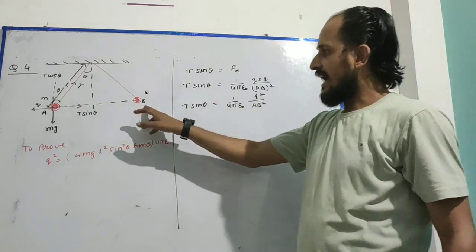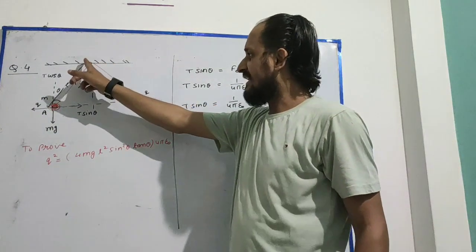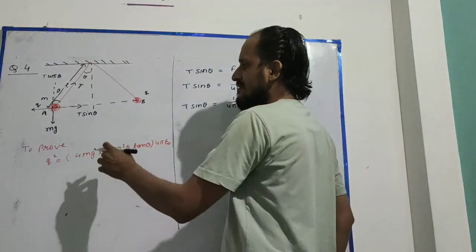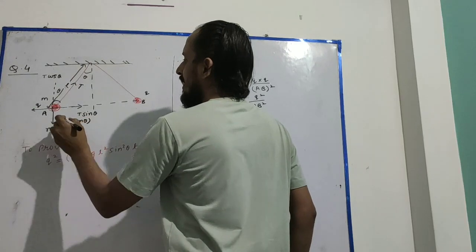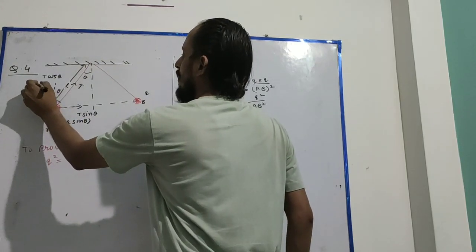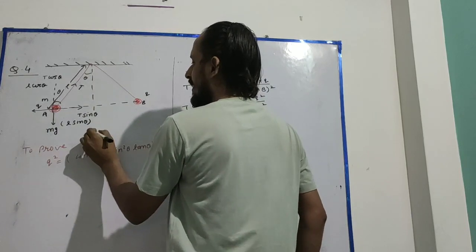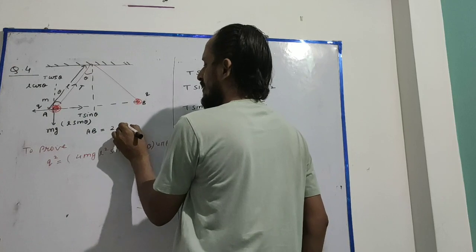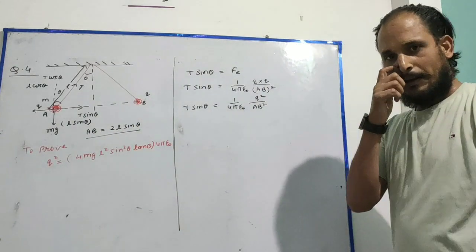Now see, we have to calculate the value of AB. We know that if we take the components of L, there are two components. One is L sin theta and the other is L cos theta. So what is the value of AB? AB is equal to L sin theta plus L sin theta, 2L sin theta. Clear?